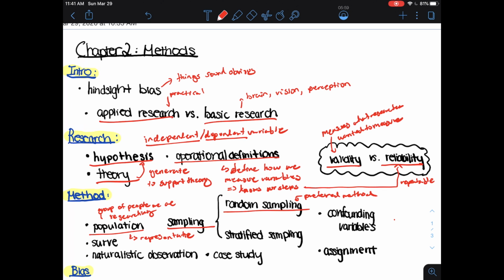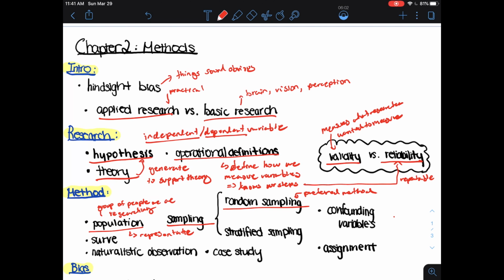And then there's stratified sampling. Stratified sampling is similar to random sampling in that there's still a certain amount of randomness in it. However, stratified sampling looks at the percentages in our population and takes your population for your research based off of that.